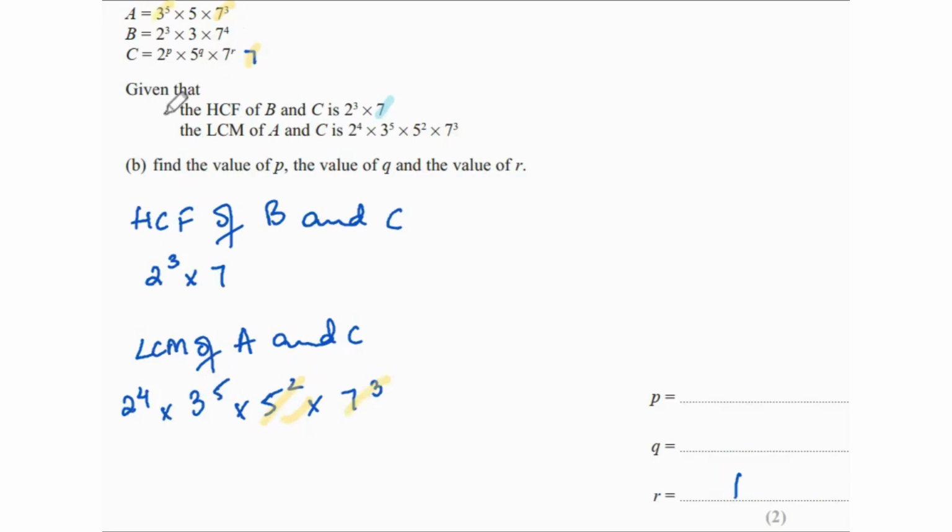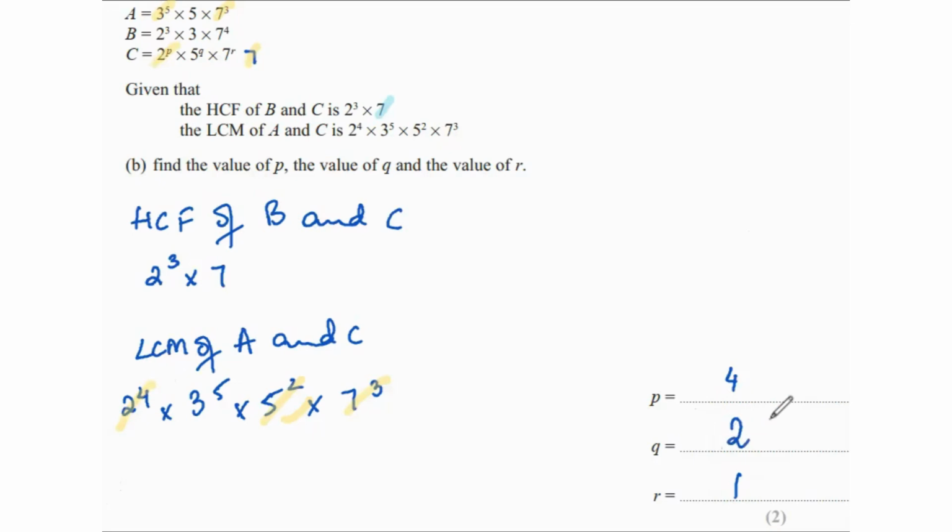We can see that A has 3 to the power of 5, so this comes as it is. Now moving on to 2. We don't have a 2 in A, but we do have a 2 in C, which is 2 to the power of 3. So that means P was 4. As you can see, there was no calculation for this question. We just had to compare the powers based on the HCF and LCM values given to us and then figure out what P, Q, and R are going to be.